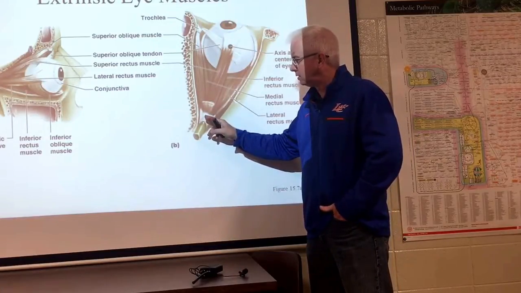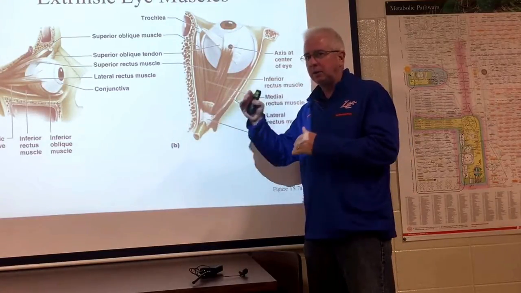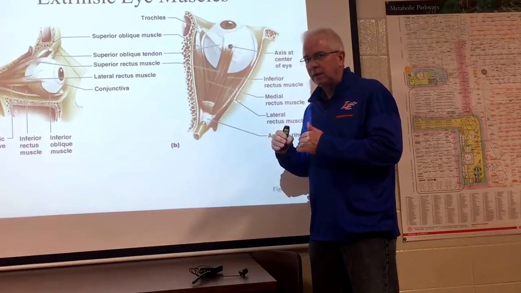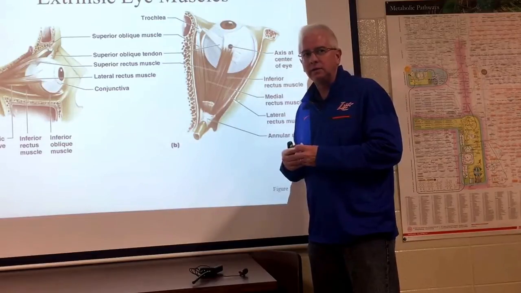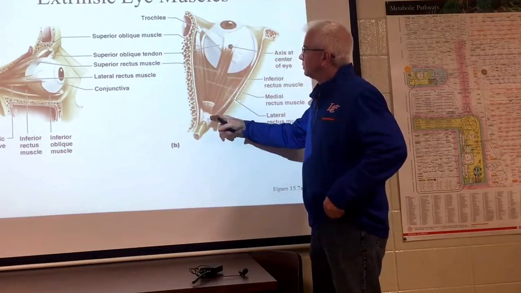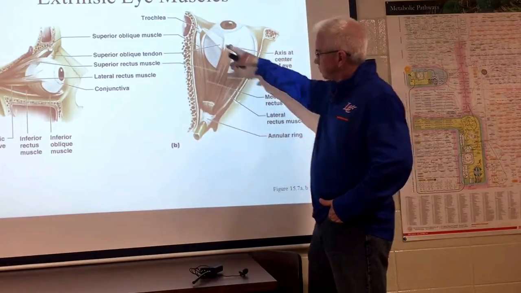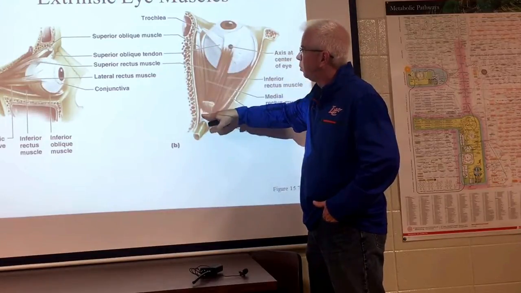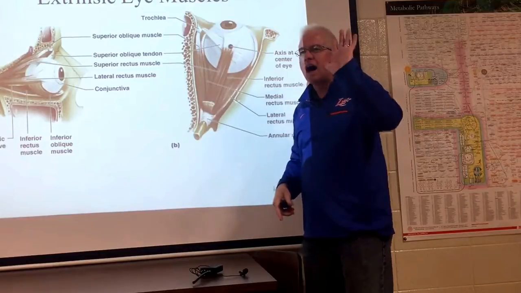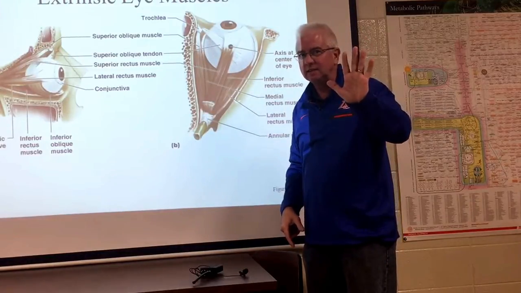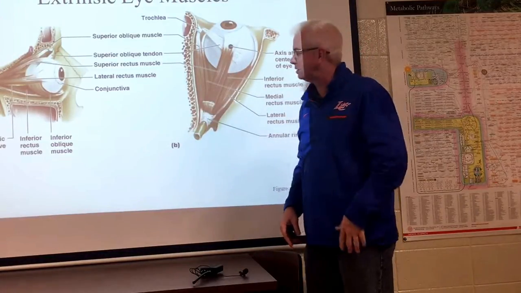The annular ring is the attachment of the superior and the inferior and the lateral and the medial rectus. It is also, as you can see in this picture, the attachment point for the superior oblique. So 5 of the 6 attach and fuse into this annular ring.